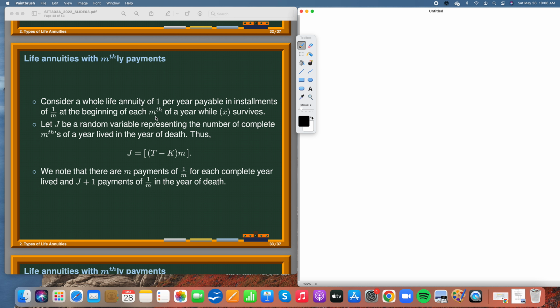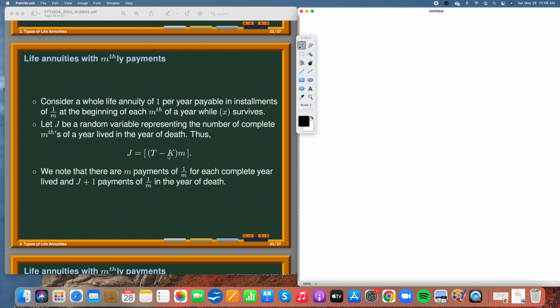This is made at the beginning of each of those m-ths of the year. Now let's define J to be the random variable representing the number of complete m-ths of a year lived in the year of death. J is defined as the greatest integer value of the quantity T minus K, times m. Remember that T is the time of death.